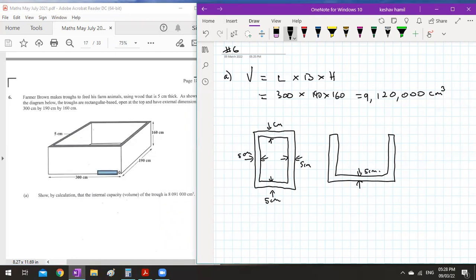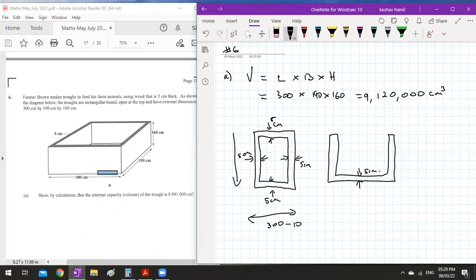Now, what we have to do is take into account this thickness of the box right around. So around the sides and to the bottom. Right? So we'll have to either minus it from this amount, or minus it from the lengths and the heights and work it out. So if you were to minus it from the 300, you'll be losing 5 and 5, 10 centimeters.